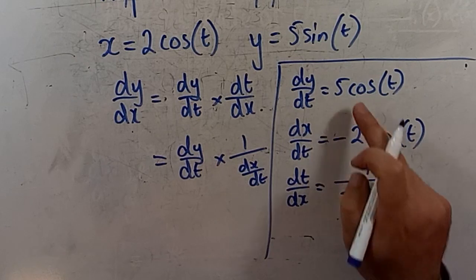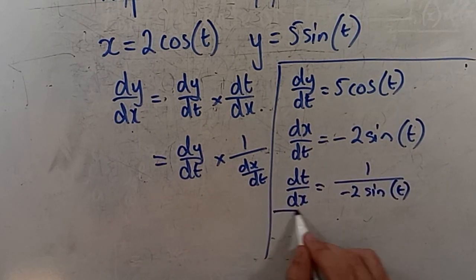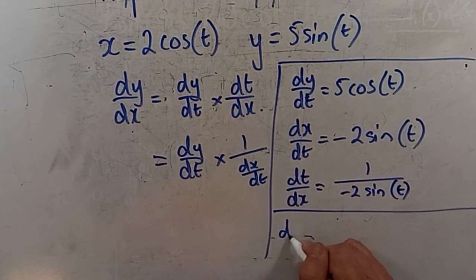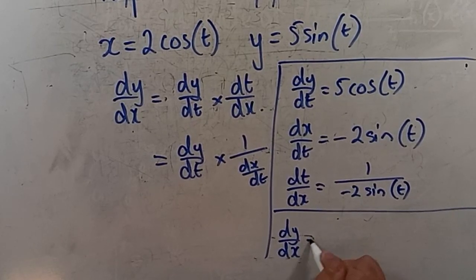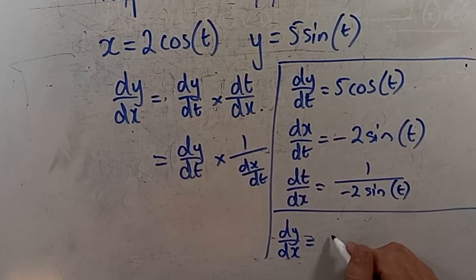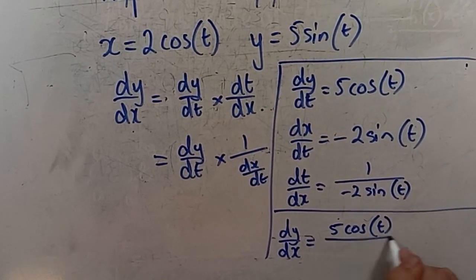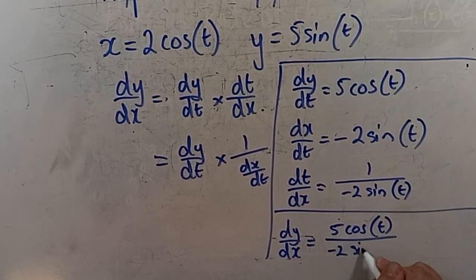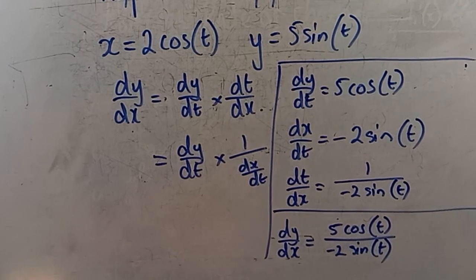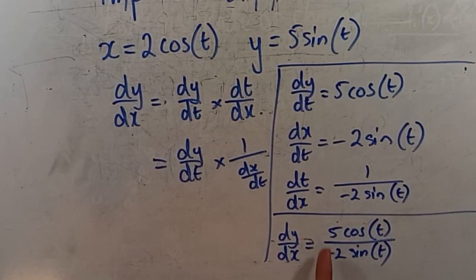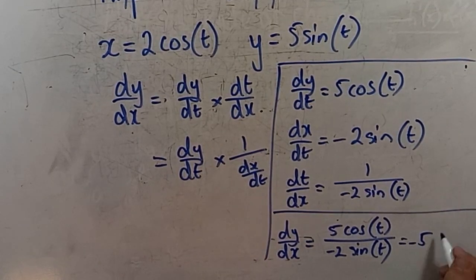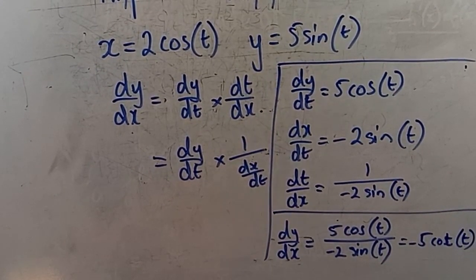Okay, so we multiply these two things together, we get dy/dx equals 5 cos of t on negative 2 sine of t, and we could write that as cot if we wanted to, negative 5 on 2 cot of t.